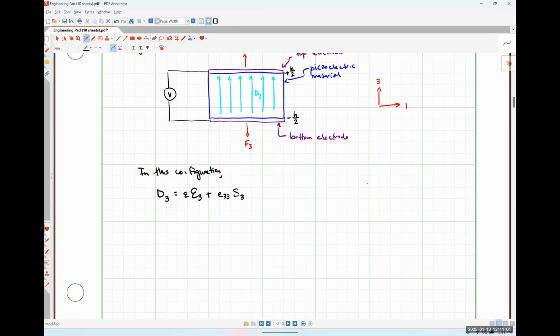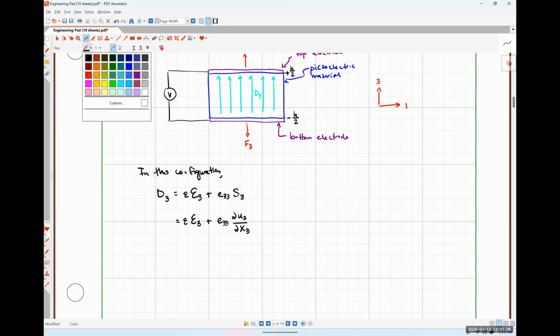And I could express this as epsilon times the field in the 3 direction plus E33 times the partial derivative of U3 with respect to X3.